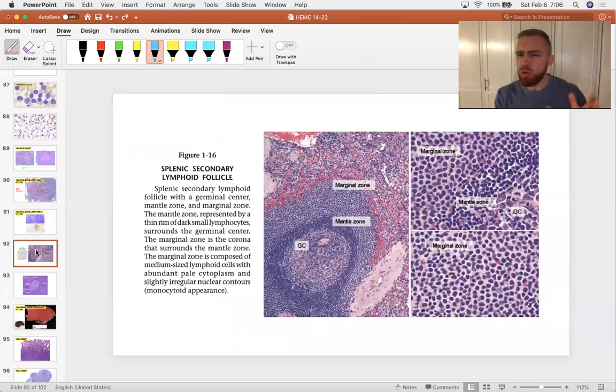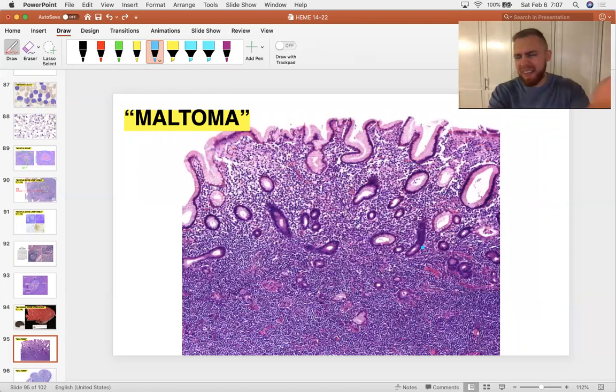And what's a little tricky about the mantle zone, marginal zone is, again, the marginal zone is so close to the mantle zone. That's very, very similar. The marginal zone has a little bit sparser cellularity. The mantle zone is a little bit more dense, but by the time a cancer gets to this stage, you really can't tell if that originated in the marginal zone or the mantle zone.